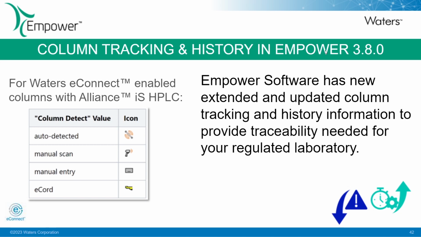Again, Empower then reads the information from the system, and it permanently stores 13 fields of information so that, again, there's no doubt without any human input, what column did I use? So this version of Empower will support both the eCord technology, because there are a lot of customers using Acquitys with eCord, and the new eConnect columns that go with the Alliance iS.